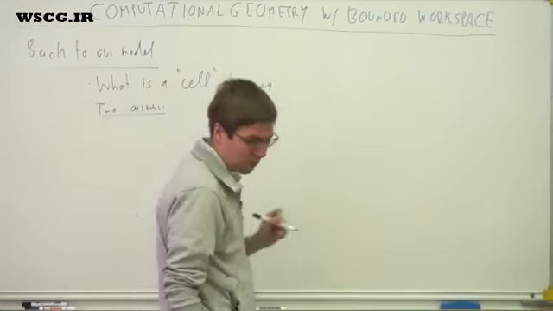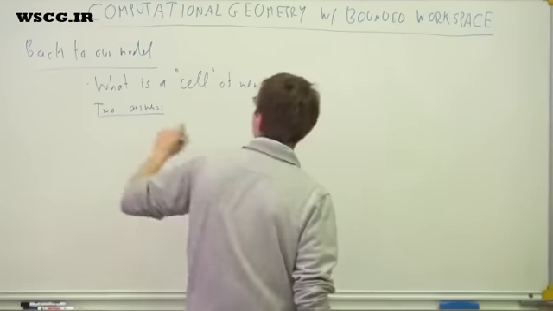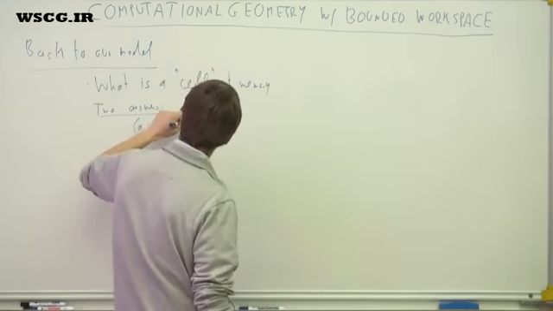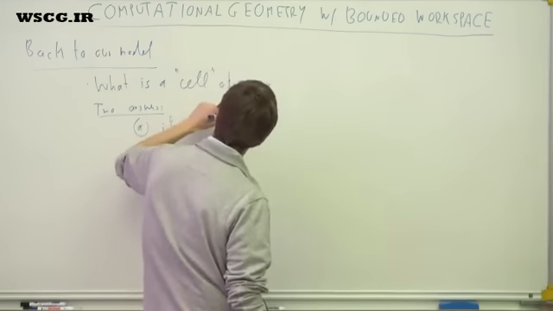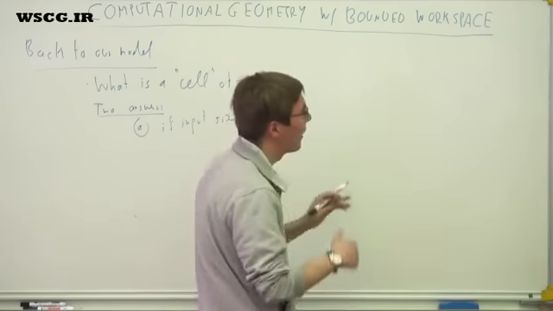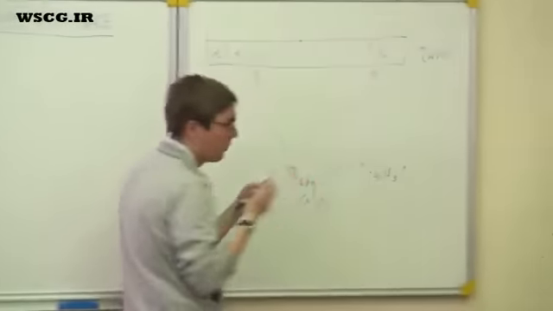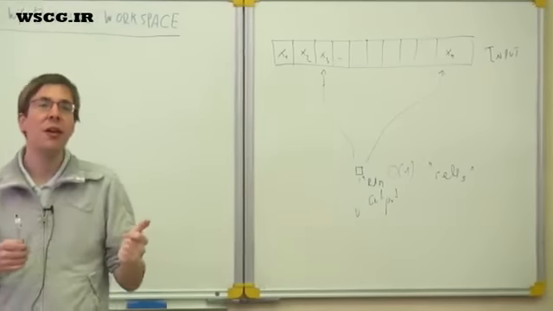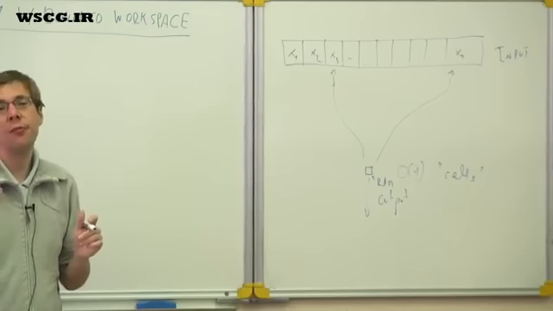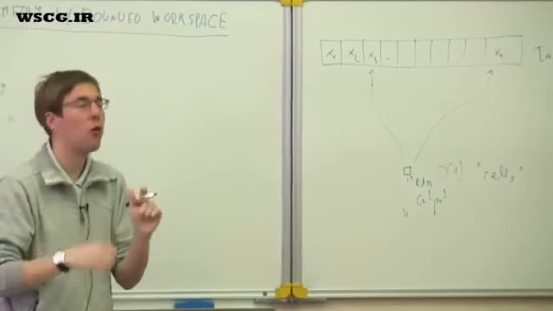One answer, the easy one, is: if the input size is n, we don't really know what n is, it depends on the problem, but if the input size is n, then one cell of memory is a word of O of log n bits.